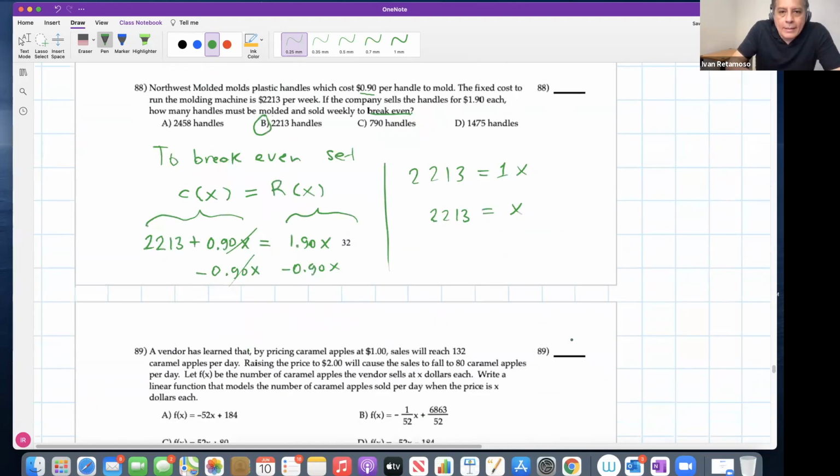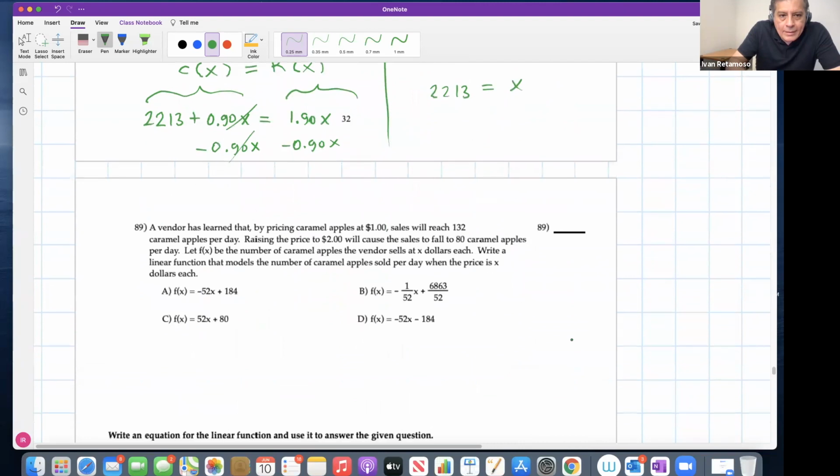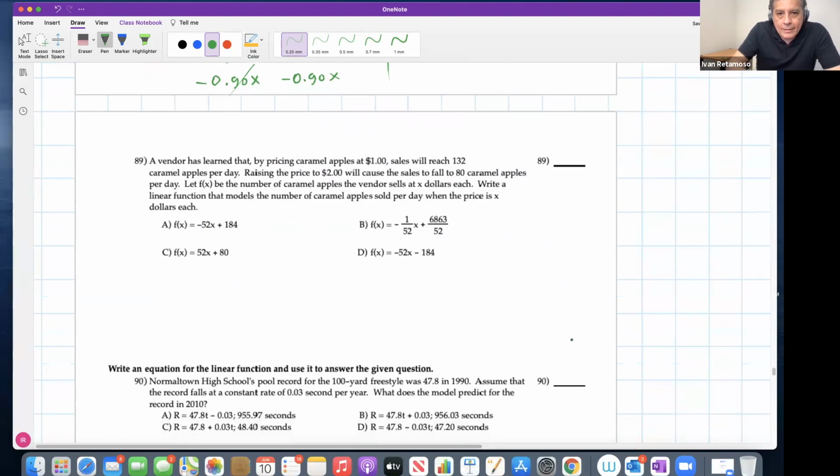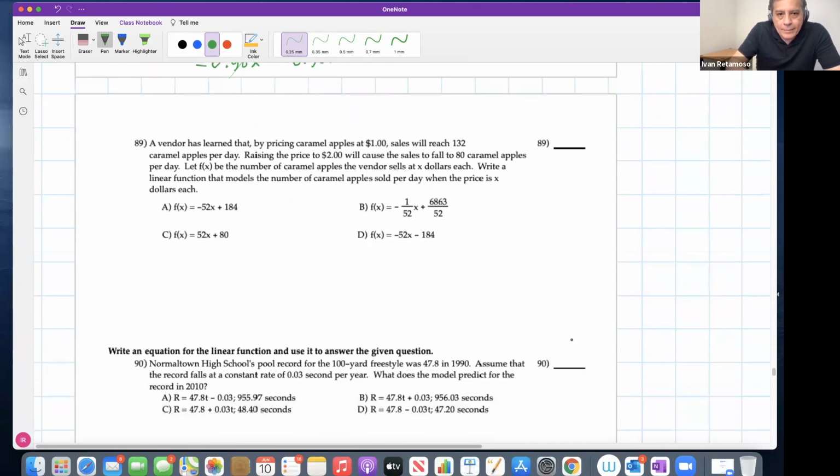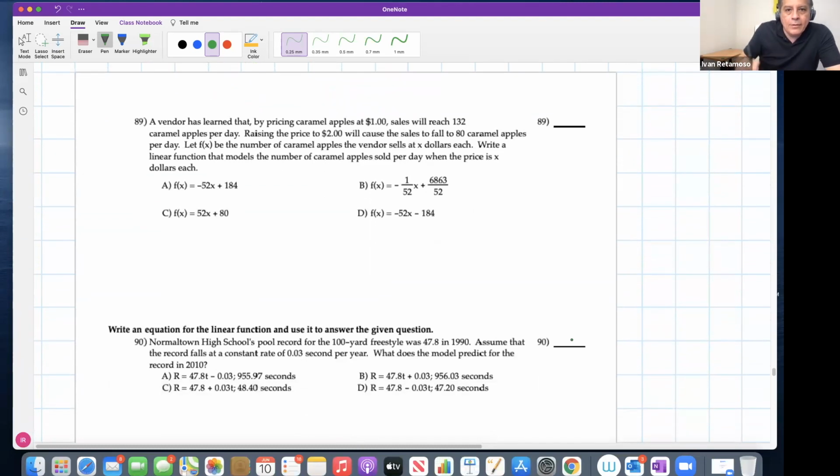Very good. Next, let's take a look at this problem. Again, this falls into the category, I think, of pairing up input with output. So I'm going to just do the pairing here. A vendor has learned that by pricing caramel apples at $1, sales will reach 132 caramel apples, right?